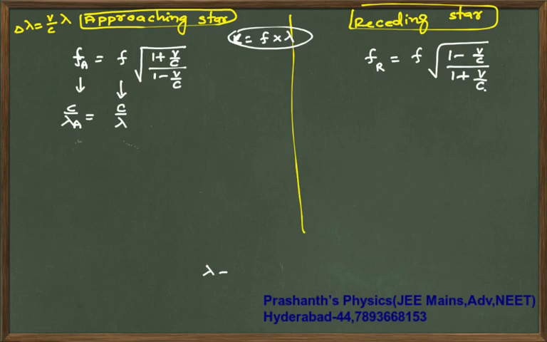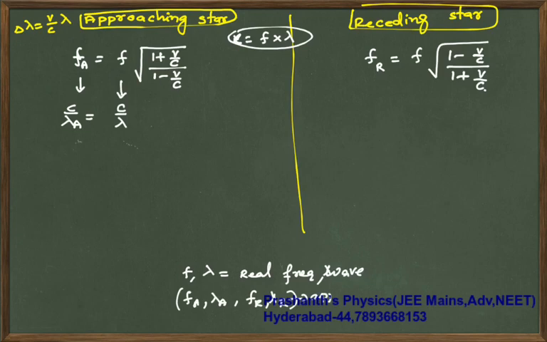If you want, you can copy it later. f and lambda are the real frequency and real wavelength, and fa and lambda a, or fr and lambda r, are the apparent frequencies and wavelengths. So keep this in mind.